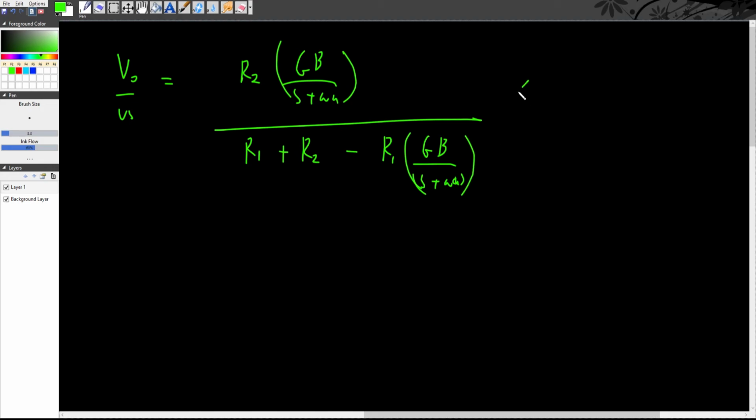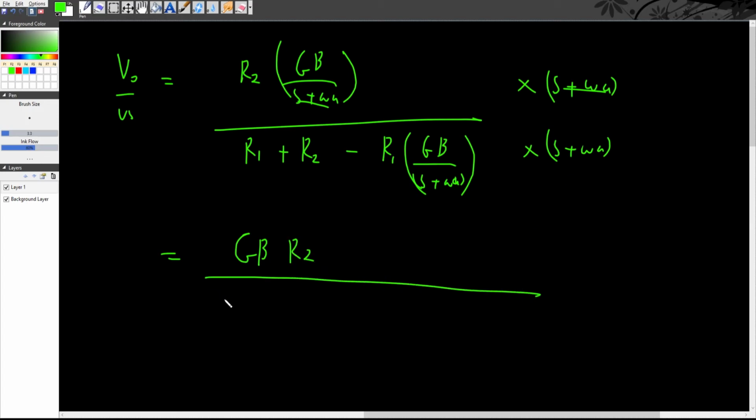If you multiply both sides by S plus omega A at the very top and the very bottom, this is going to cancel out with that. So we're going to get GB R2 all over R1 into S plus omega A plus R2 into S plus omega A minus R1 GB.